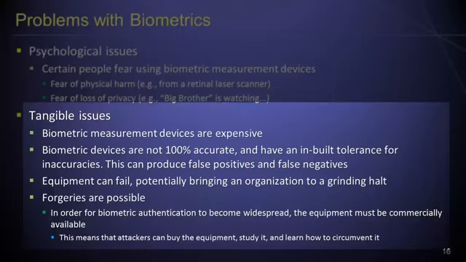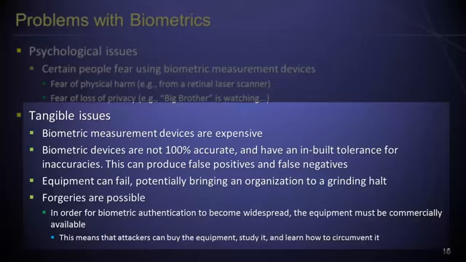What's more, forgeries of biometric information are quite possible. It was established by Japanese researchers that it is remarkably easy and remarkably inexpensive to fabricate false fingerprints which will fool the majority of fingerprint scanning devices.